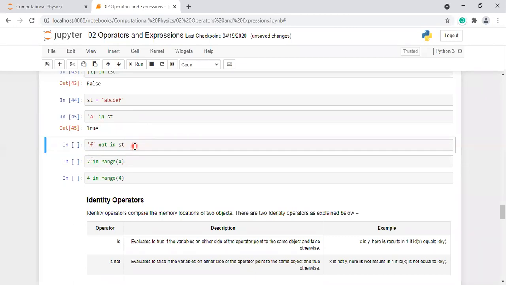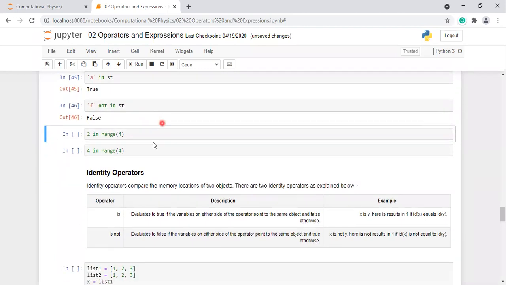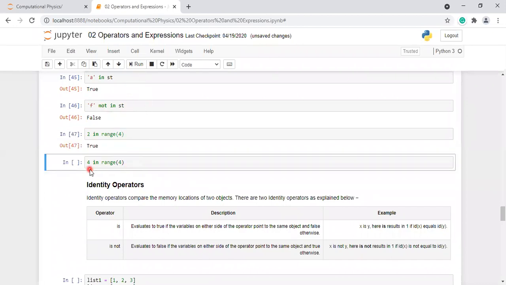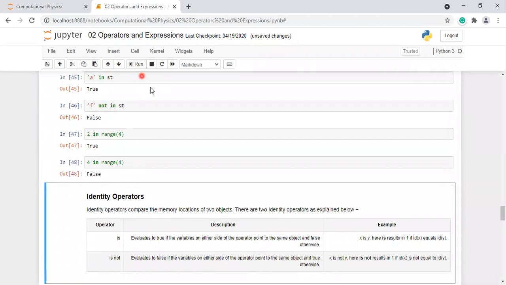The answer is false. Next, is 2 in range 4, that is 0 1 2 3? Let me run this, true. Is 4 in range 4 true or false? False, it should be false. Okay.